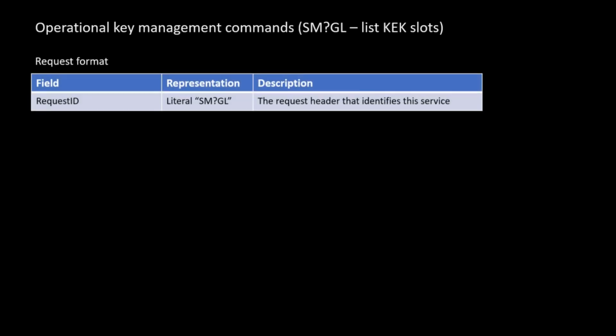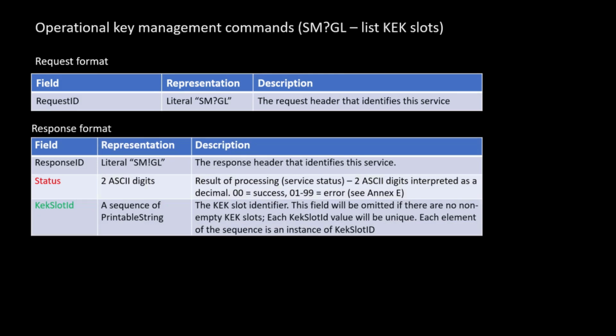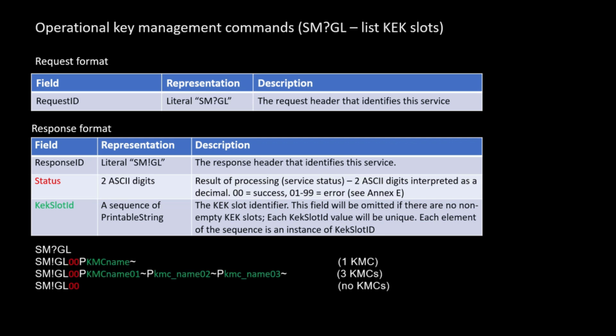Operational key management commands, an SMGL, and if you look at that, again, it's exactly the same. You have the SMGL, you have a status, and then in this case, you have a KEX slot ID, which is a printable string. There's some examples. SMGL is the command. They said SMGL 00 with a P and then the KMC name.